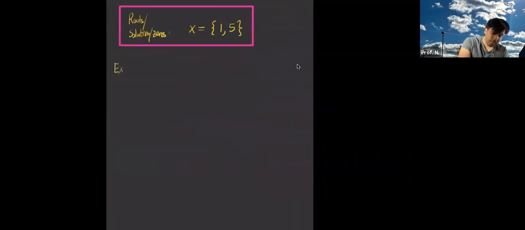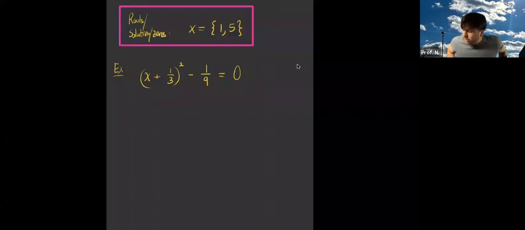This time I'm going to use fractions because you can also have fractions involved. Let's do something like this. So what if I have x plus 1/3 squared minus a ninth equals 0?